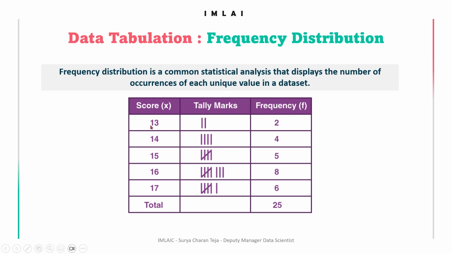How many batsmen have scored 13? It's 2, the frequency is 2. How many have scored 14? It's 4. How many have scored 15? It's 5. How many have scored 16? It's 8. And the total is 25. So this is called the frequency distribution.